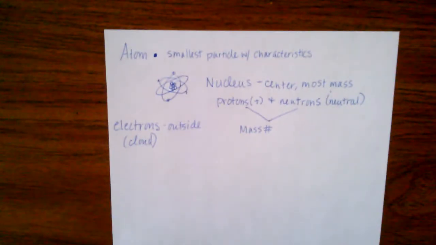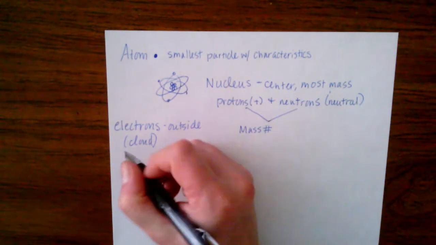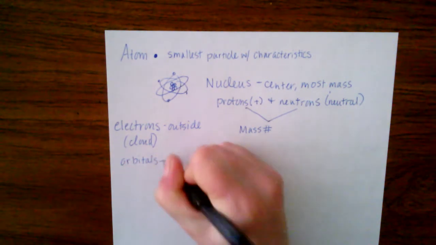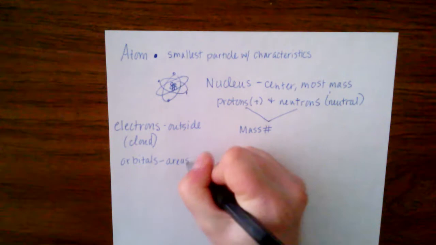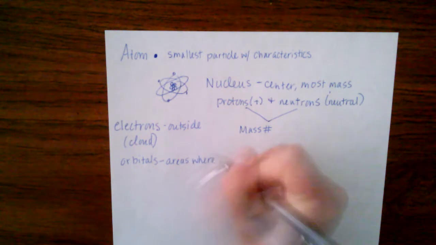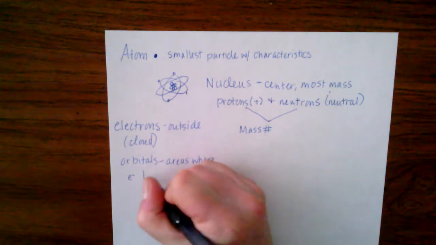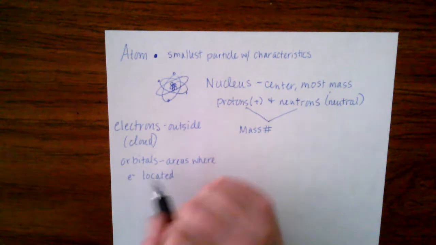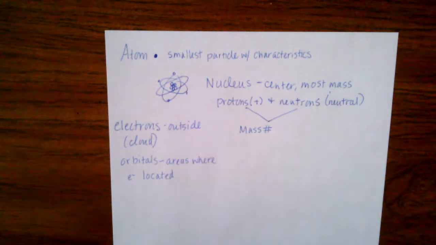Okay, so orbitals are just areas where electrons are located. And you will never see me write out electrons again. I'm always going to do an E negative.